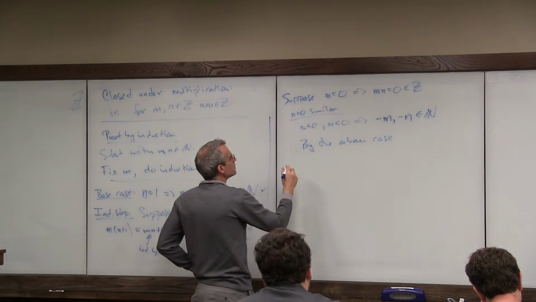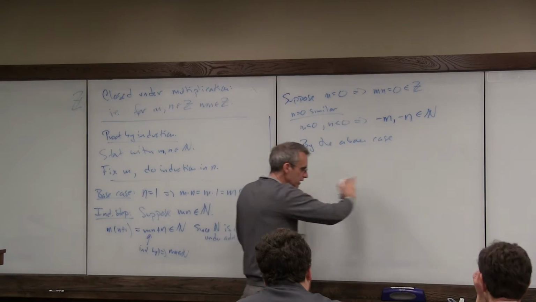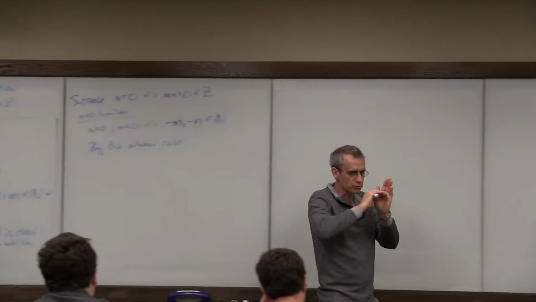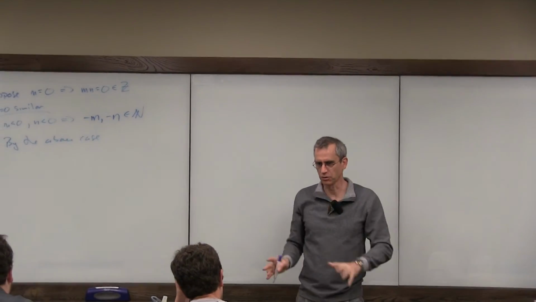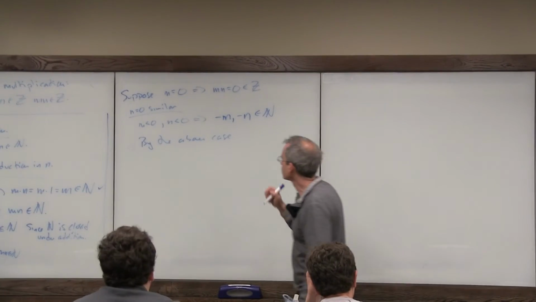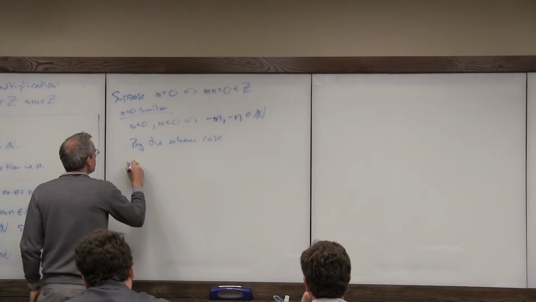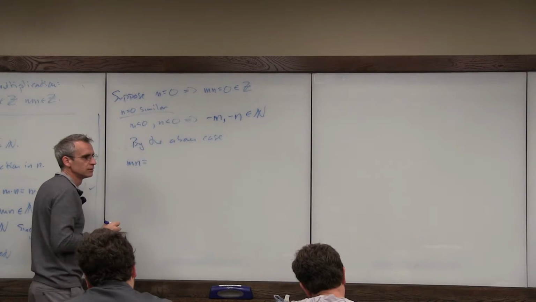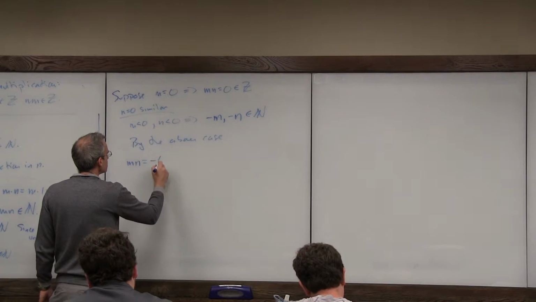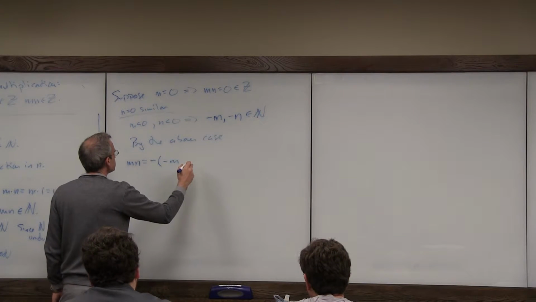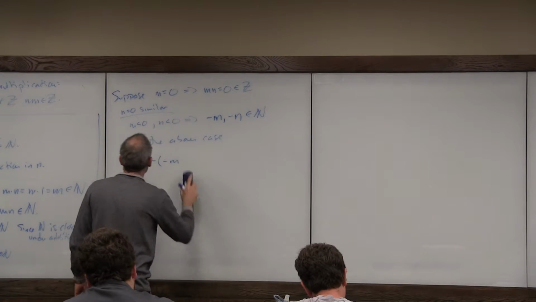So let's just start from the beginning. Again, your goal in here, whenever possible, should be to write things out linearly and not do sort of parallel things, right? So let's just start from the beginning. mn equals minus m. Oh, let's just do it this way.